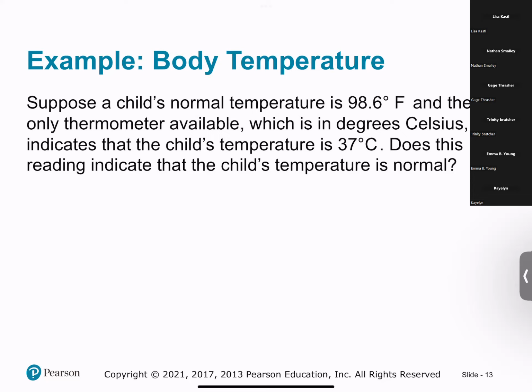And I do. I know the relationship based on a table of values, a graph, and more importantly, in this example, I have an equation. And the equation shows me the relationship between the input degrees Celsius and the output degrees Fahrenheit. And what's that equation look like?